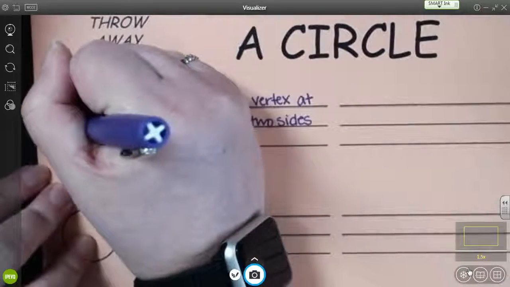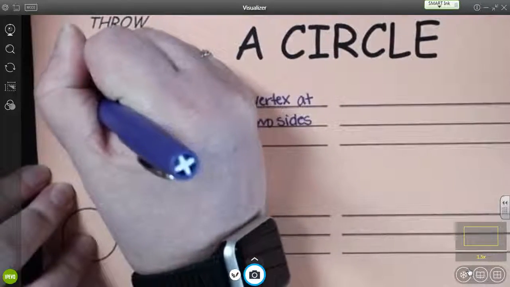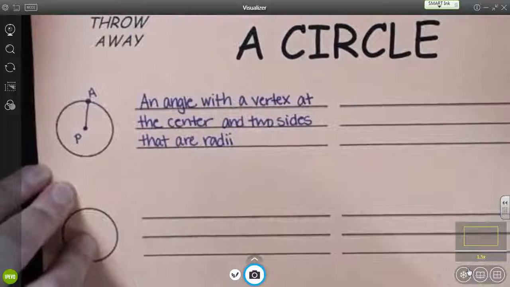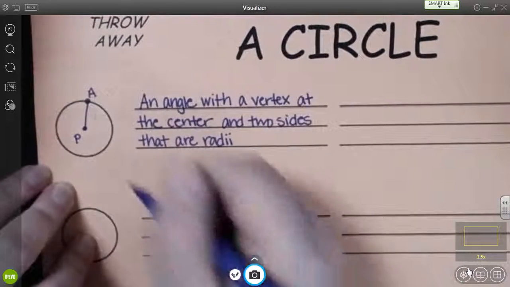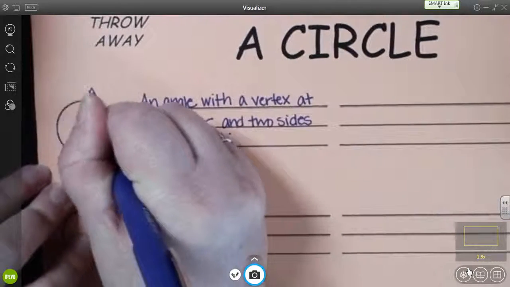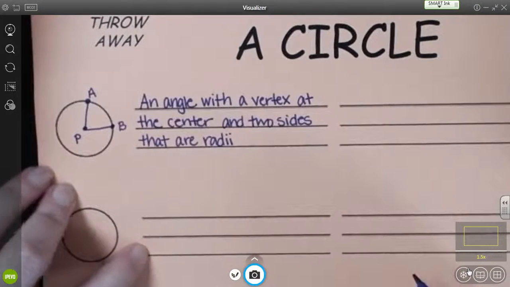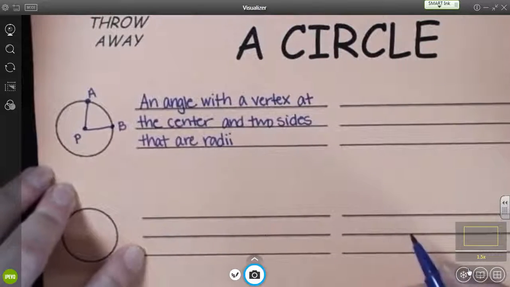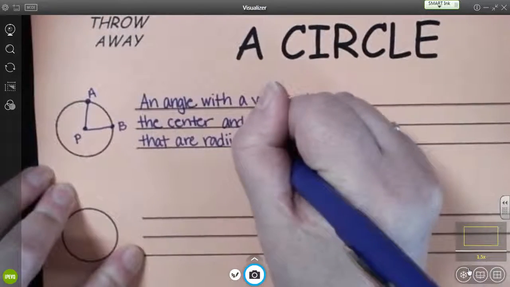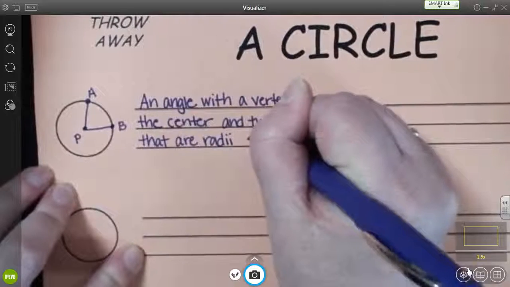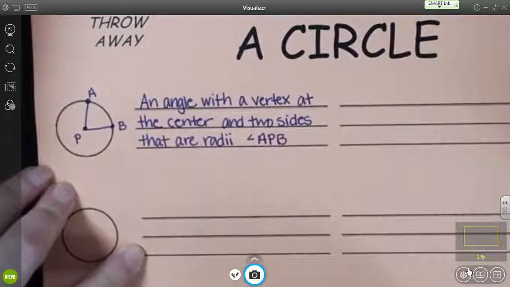And we have two of them. So my first radius there is PA. My second radius is PB. So angle APB is a central angle.